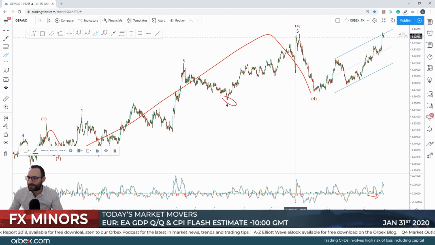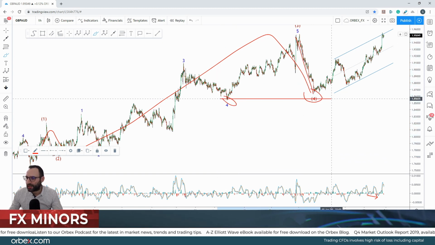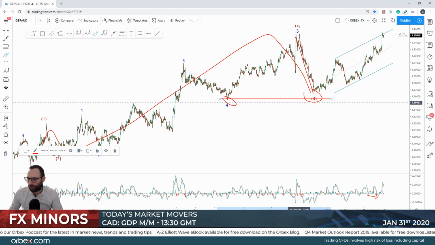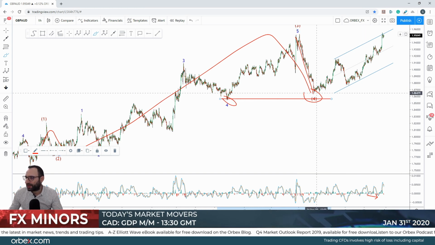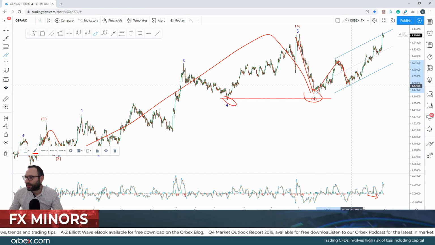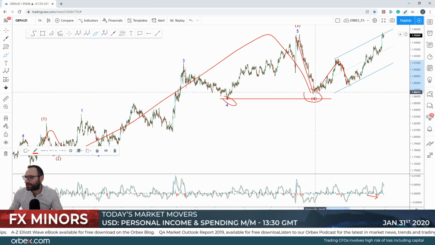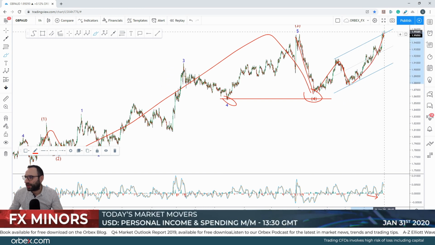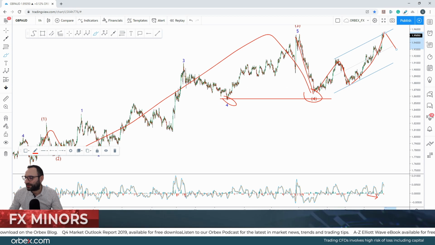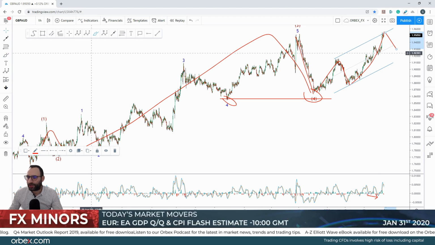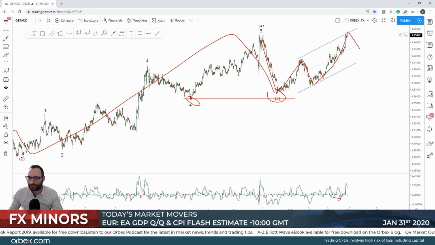I was expecting this to come down and complete a nice double four, let's just call it, right? And from there, now we're moving up, which to me seems to be like a 1, 2, a 3, and probably we're going to get a 4 that is going to potentially create a short-term correction, right?